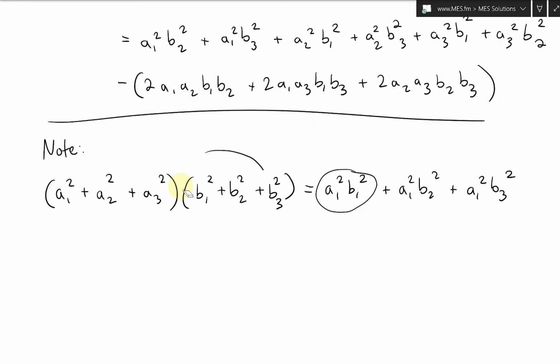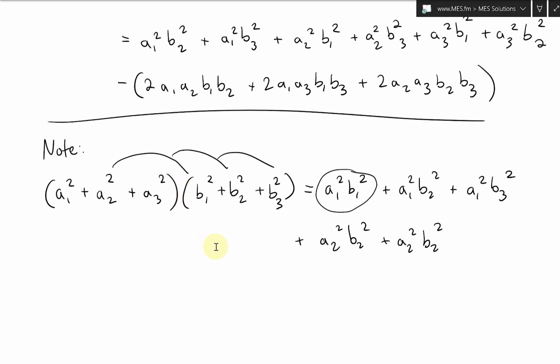Now we'll do the next setup. Next setup is this right here. This multiplied by this, and then this. So the first one's going to be plus A2, A1 squared, B1 squared, then A2 squared, B2 squared, and then the next one's going to be the same subscript, A2, B2.